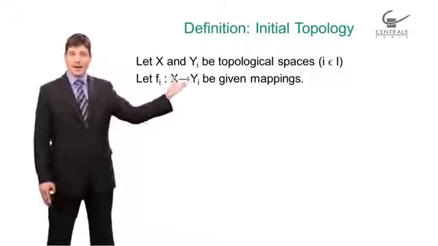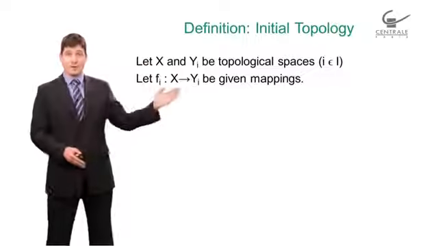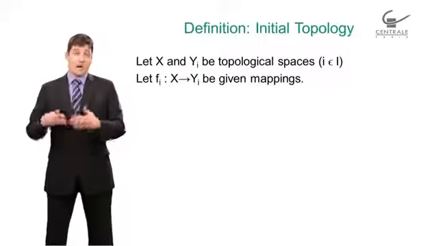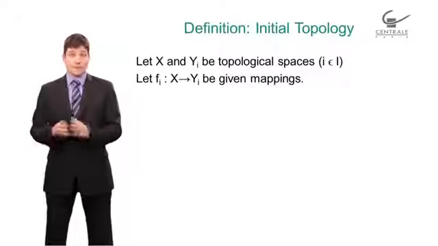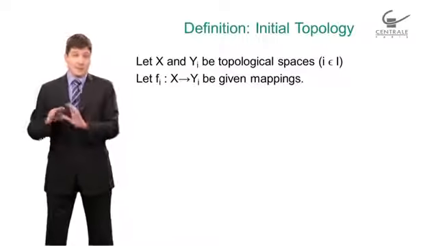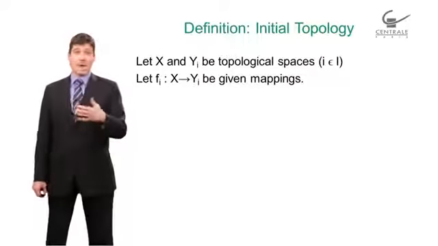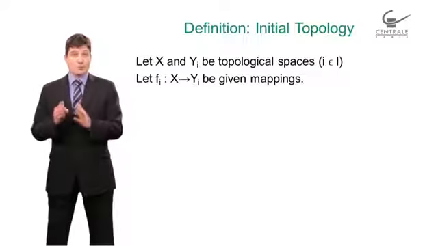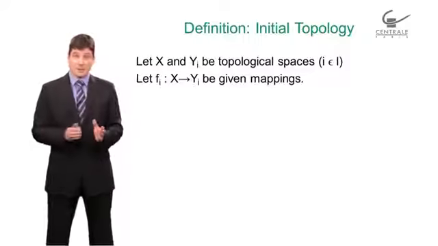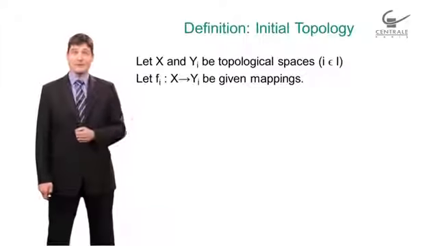So if capital I is the set 1, 2, 3, the functions will be F1, F2, F3. But I could be much larger. It could be an infinite set, or it could be a finite set. Doesn't matter. I have a collection of mappings Fi, and what I would do is try to find a topology that will make these functions Fi continuous.